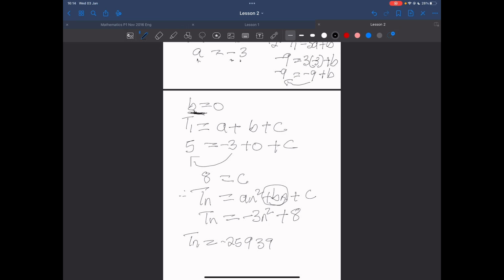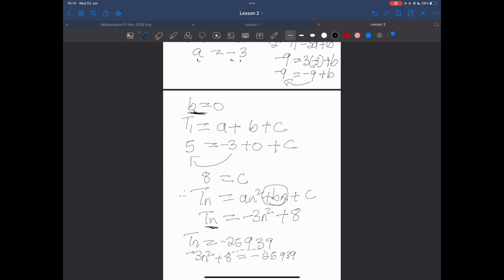It's a certain term number, but we know its value, which is negative 25,939. So already we know what term n is, so we will substitute it here. So negative 3n squared plus 8 is negative 25,939. Now we are going to work it out.